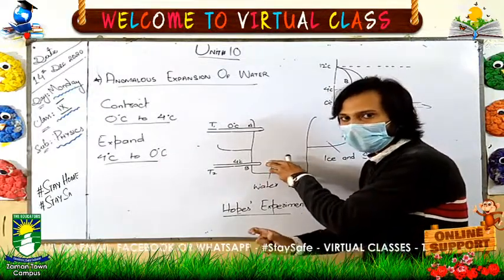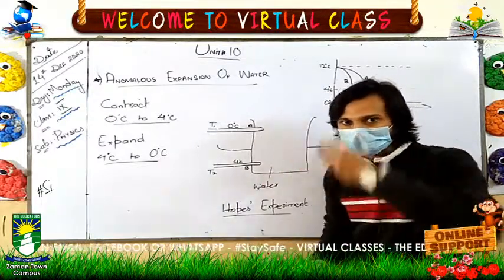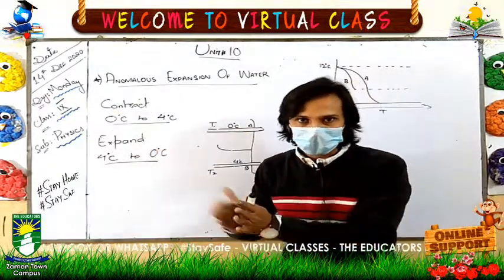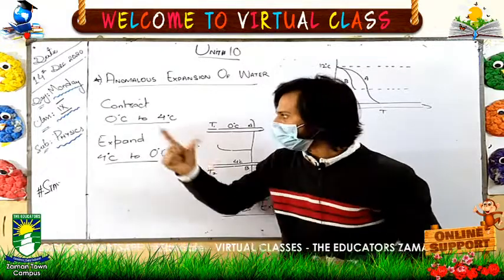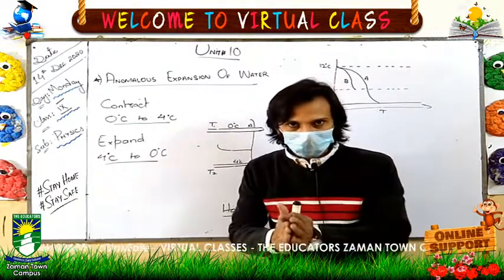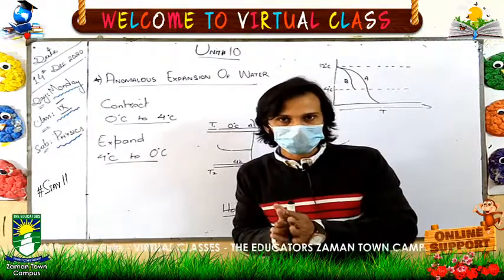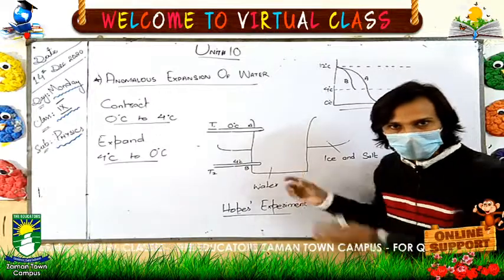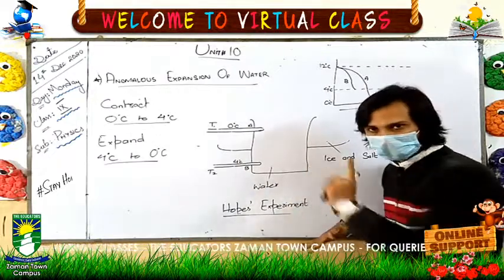Basically this is the main point, settling down. This settling down is showing us that water contracts at 4 degrees Celsius, and it becomes heaviest at 4 degrees Celsius. That's why it is settling down at the bottom.